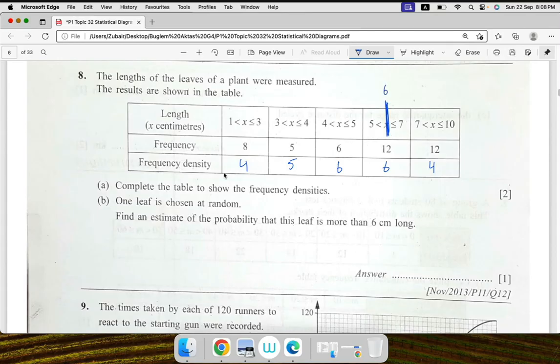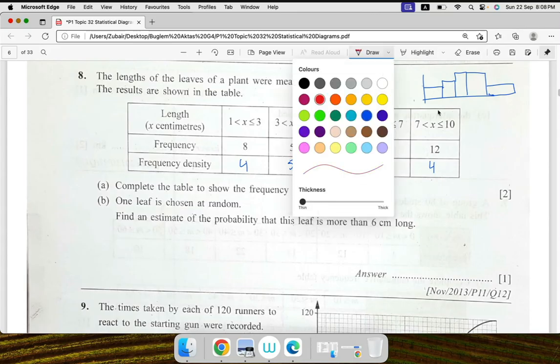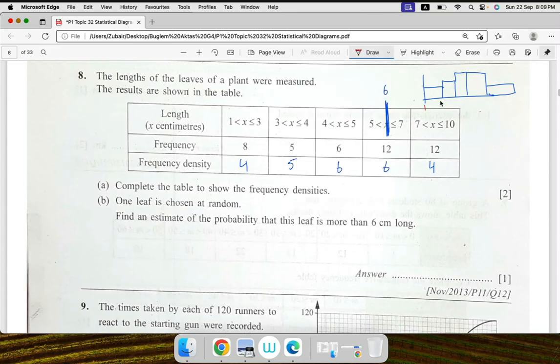Now just consider if we draw frequency density. So this is going to be 4 from 1 to 3, then 5 from 3 to 4, then 6, and then 6 again, and then 4. So when we are looking at these values, this is 1, 3, 4, 5, 7, and 10.